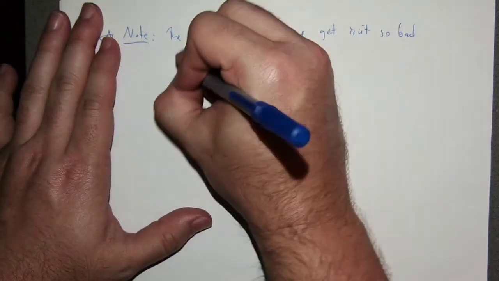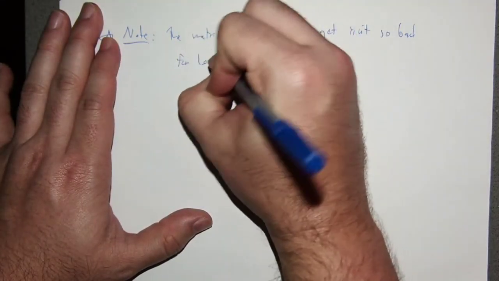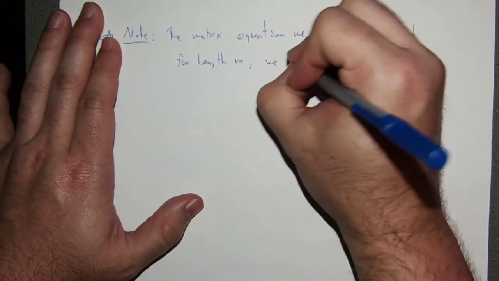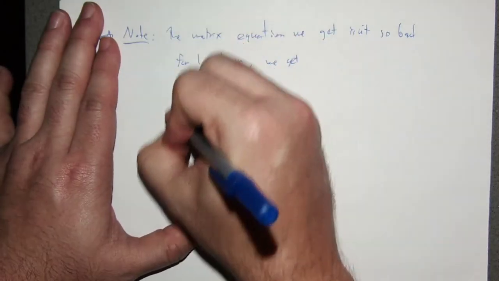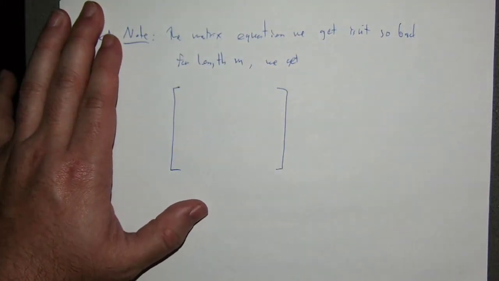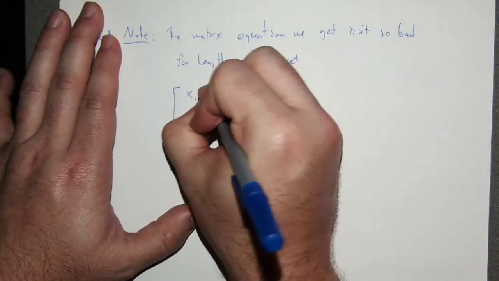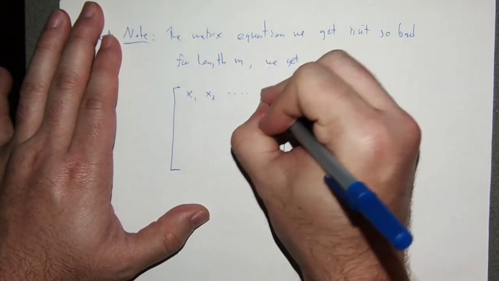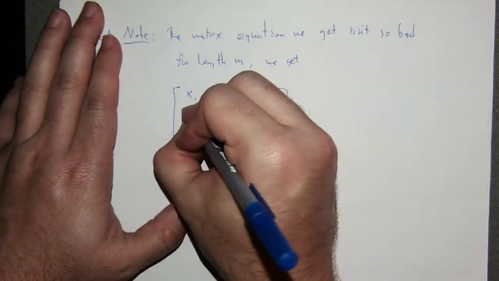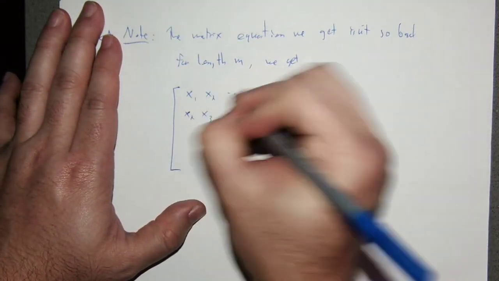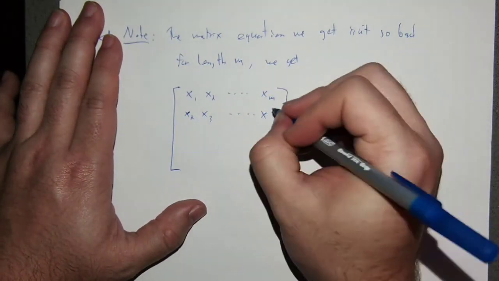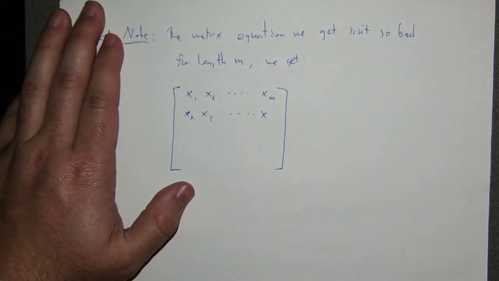So for length m, that is, we're testing a key of length m, we get the following. The matrix in question is x sub 1, x sub 2 through x sub m as my entries in the first row. And then we just shift: x sub 2, x sub 3, all the way to x sub m plus 1.